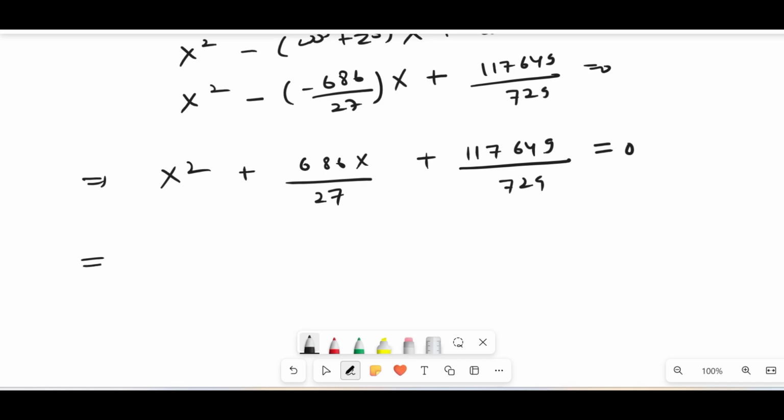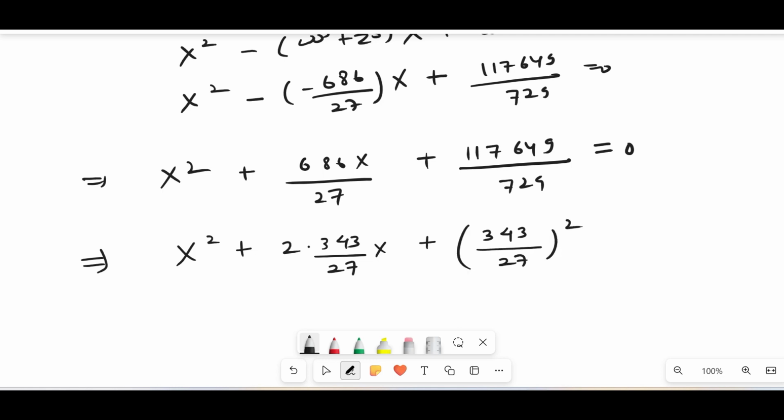So this can be written as x square plus 2 times 343 over 27 x plus the whole square of 343 over 27.